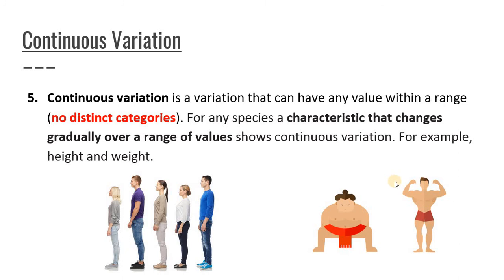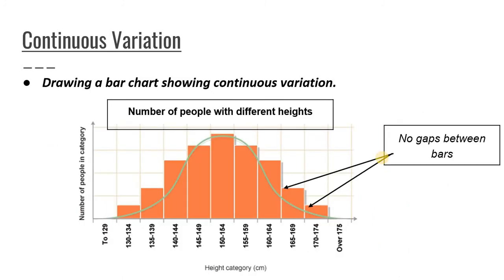So when it comes to continuous variation, how do you actually show your data? Let's look at this chart here. When we draw a bar chart that shows a continuous variation, you can see there are no gaps between the bars.